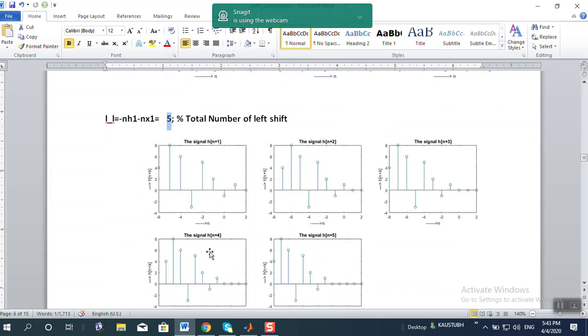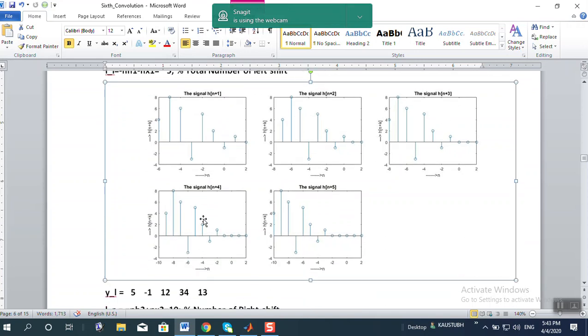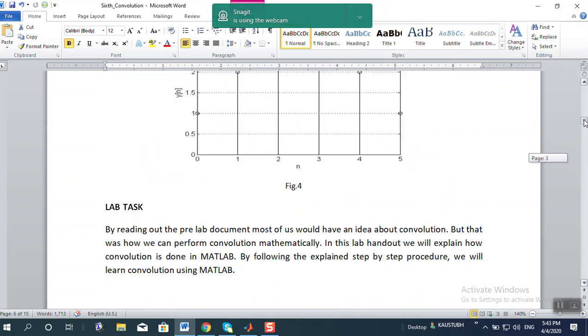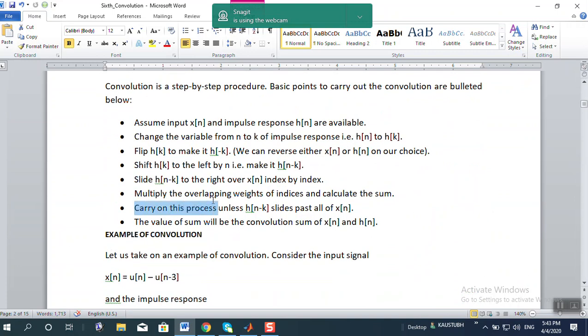As you see, a left shift means h of n plus k. So it is h of n plus 1, h of n plus 2, h of n plus 3, h of n plus 4, h of n plus 5. Now if you shift further, then as I mentioned in the steps of the convolution, carry out this process of shifting, multiplication and summation until h of minus k slides past all of x of n.